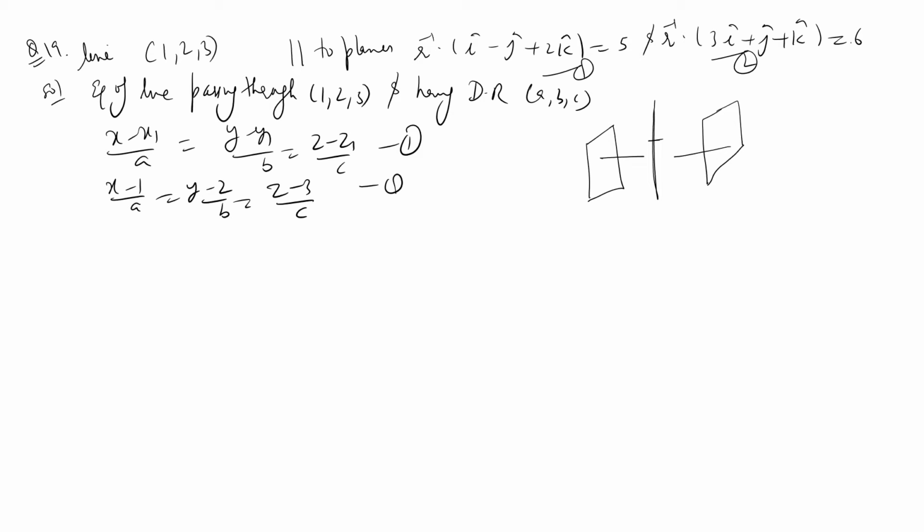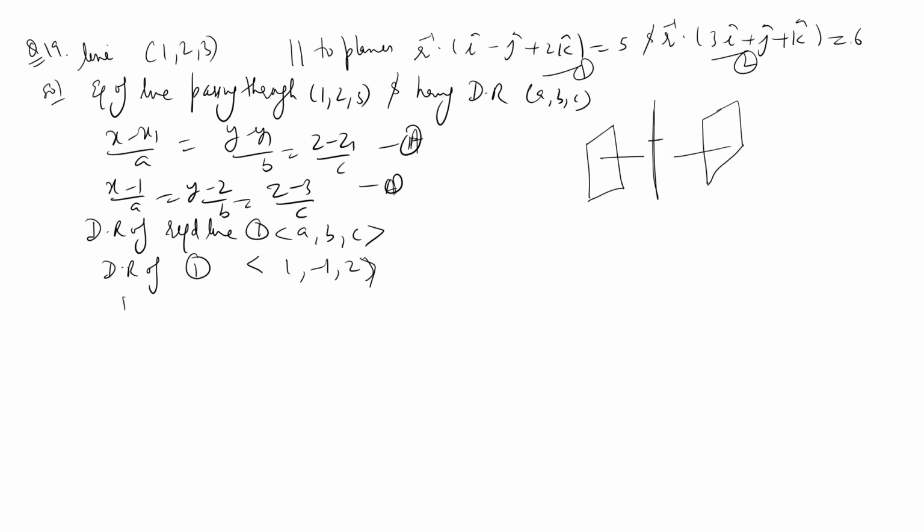So let us check out the direction ratios of the required line. Again, we will use the condition we had in the earlier question. The direction ratios of plane 1 are 1, −1, 2. The direction ratios of plane 2 are 3, 1, 1.